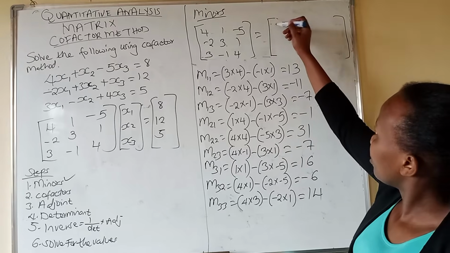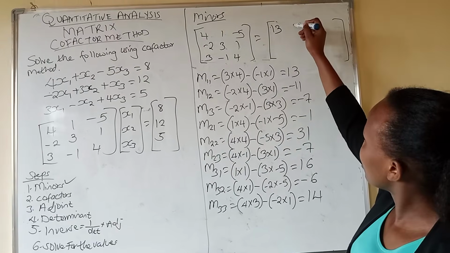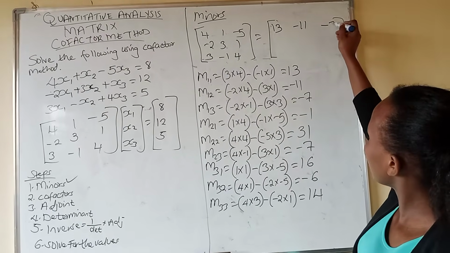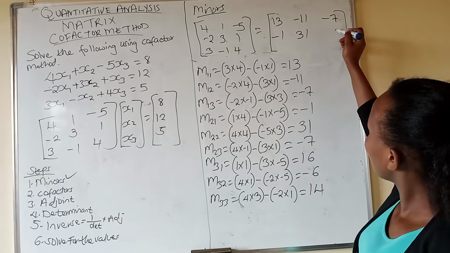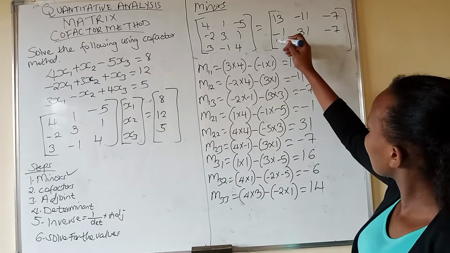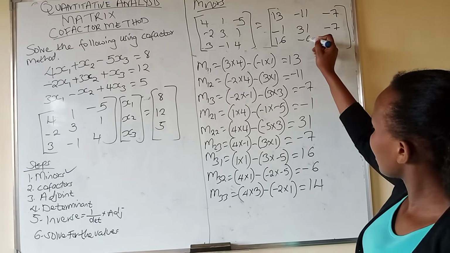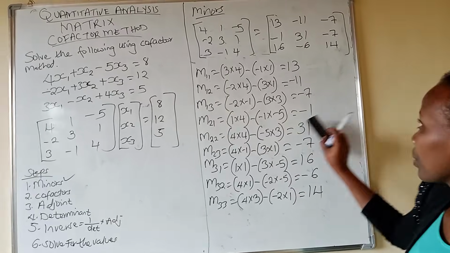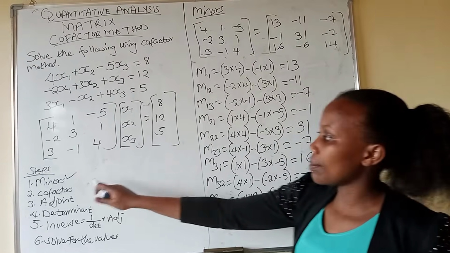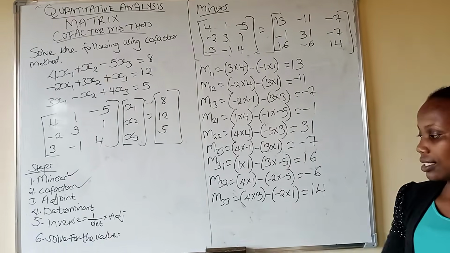So now you are going to replace them just the way they are as the minors. So M11 is 13, M12 is negative 11, negative 7, negative 1, 31, negative 7, 16, negative 6, and 14 as the last one. So from the minors, the next step now is to get the cofactors.